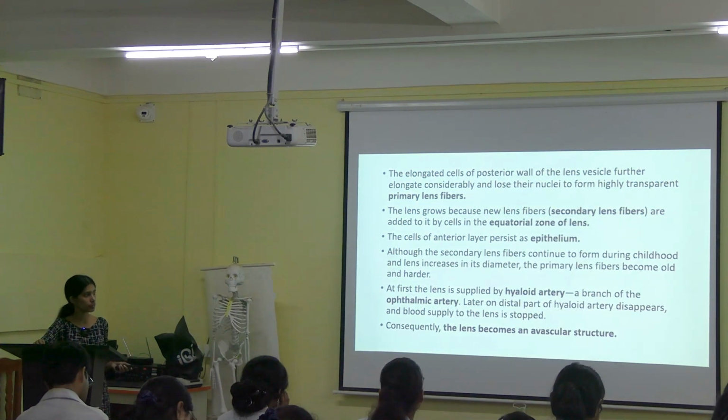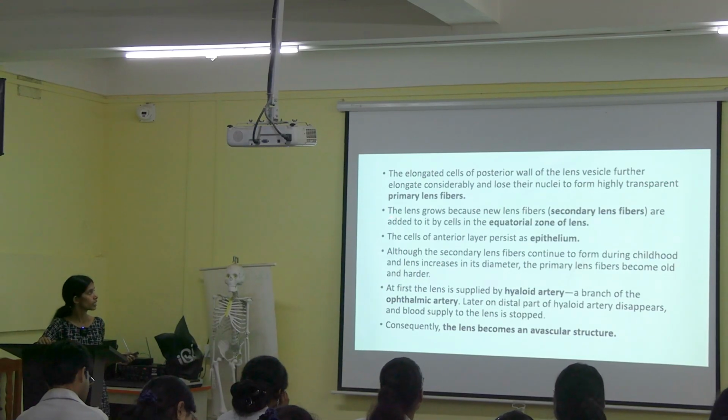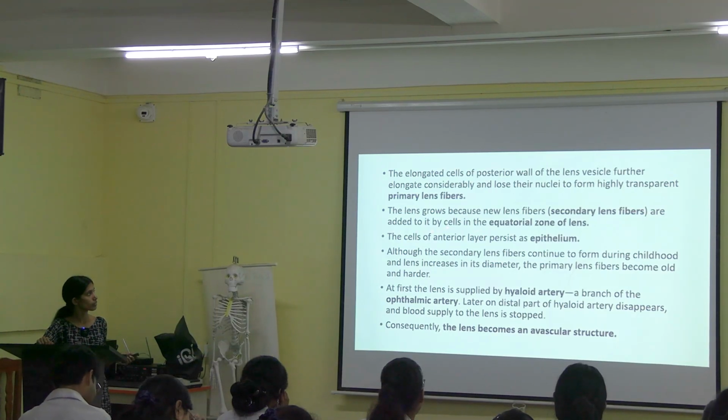So whatever lens fibers form after losing their nuclei will be referred to as primary lens fibers. The lens grows because new lens fibers, that is the secondary lens fibers, are added by cells in the equatorial zones. So which one is the equatorial zone in that picture?